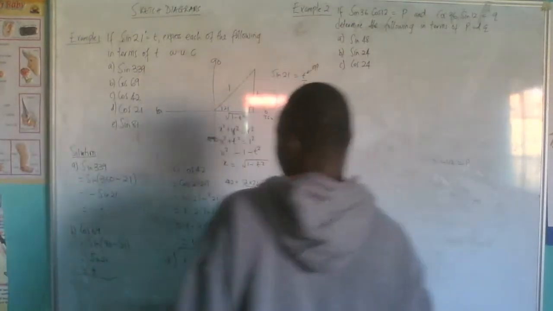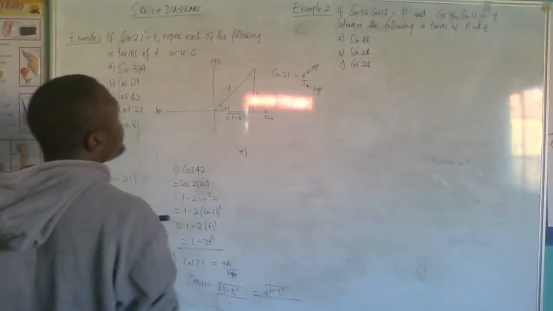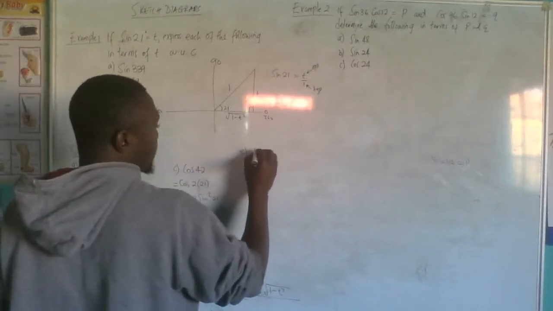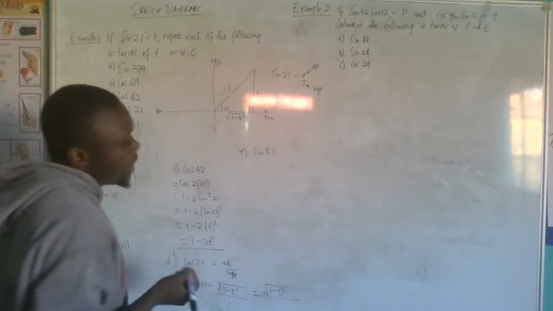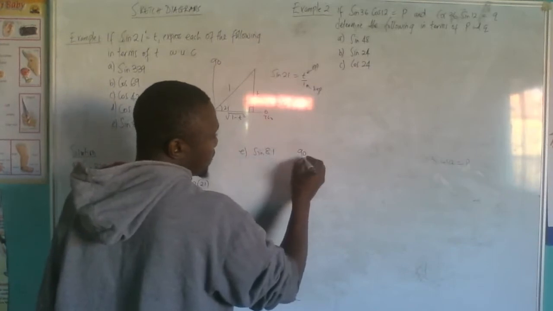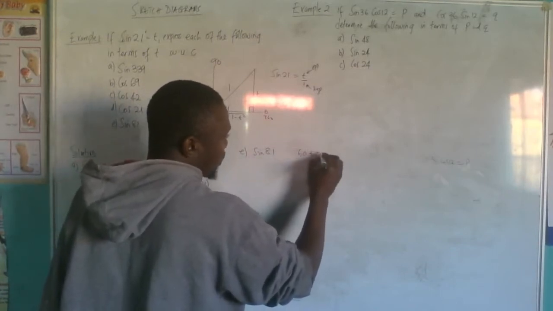Then lastly, which is E. In that regard will be sine 81. And if you see sine 81, it's like someone got 60 plus 21.